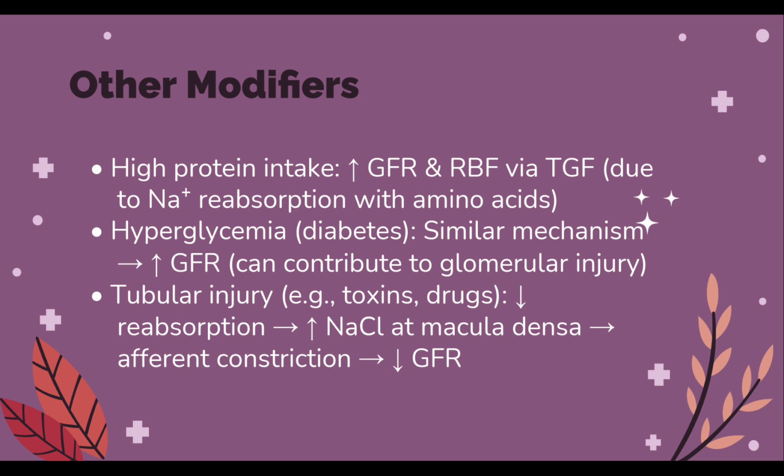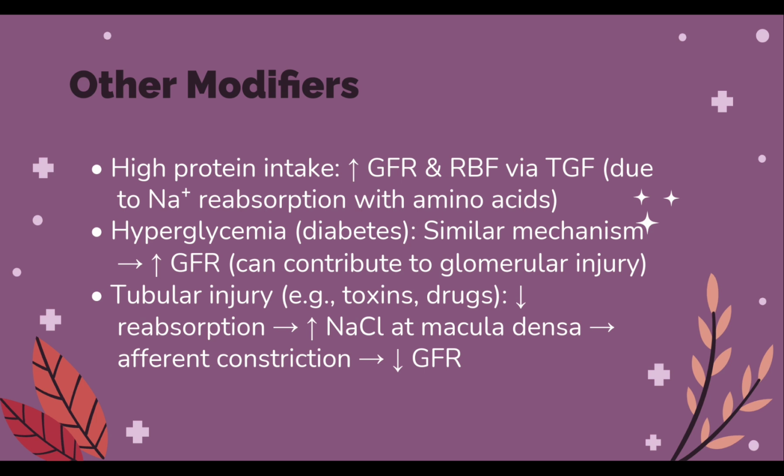So what are the other modifiers? High protein intake leads to increased glomerular filtration rate and renal blood flow via TGF, because this can happen due to sodium reabsorption with amino acids. Then hyperglycemia. In diabetes, there is hyperglycemia, increased blood sugar values.